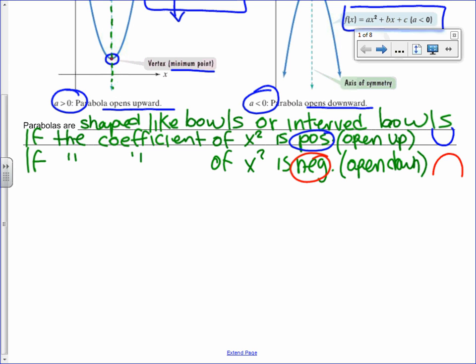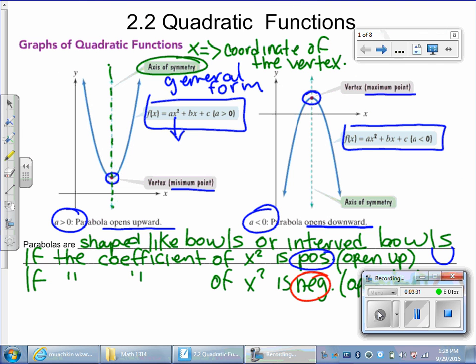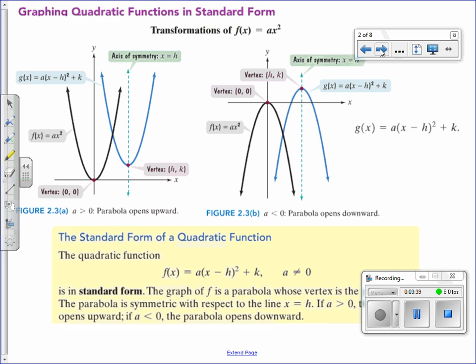So now, like I said, we're going to look at two different forms of the quadratic function. This one is called the general form. And now on the next slide, we're going to take a look at the standard form. So standard form is what you guys see here.